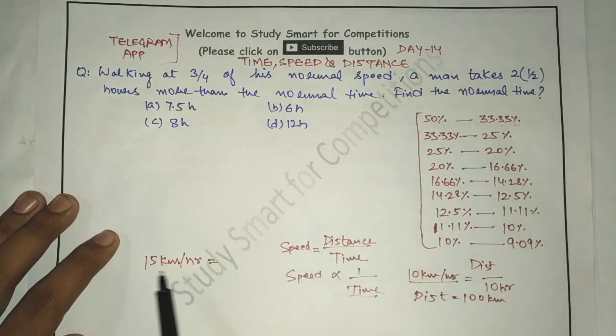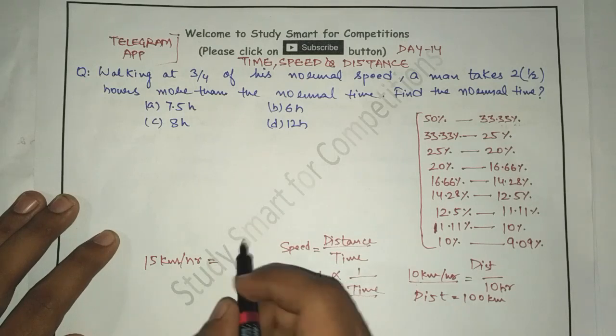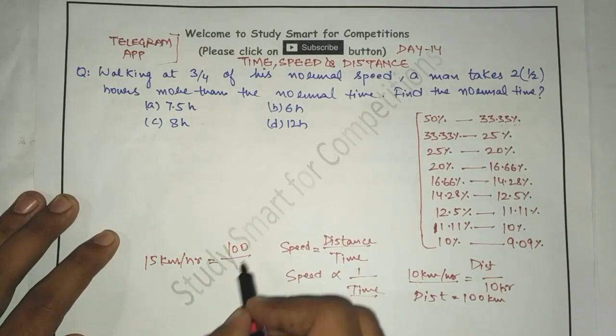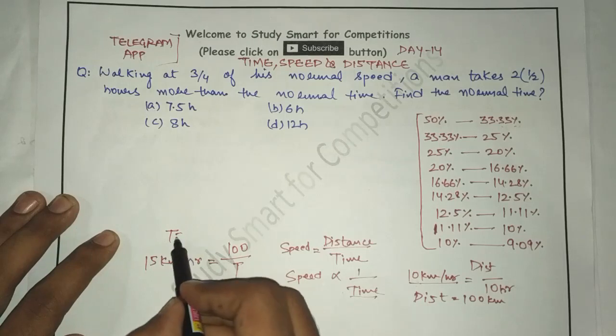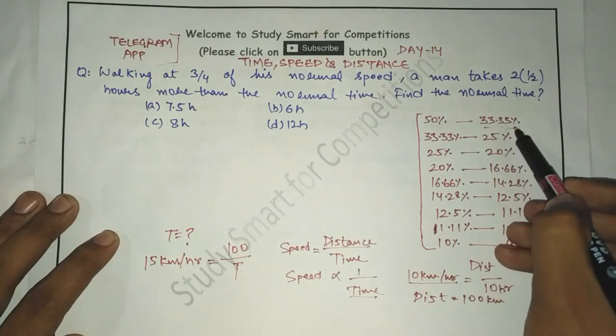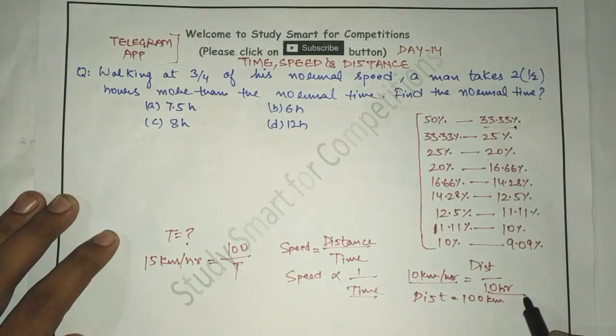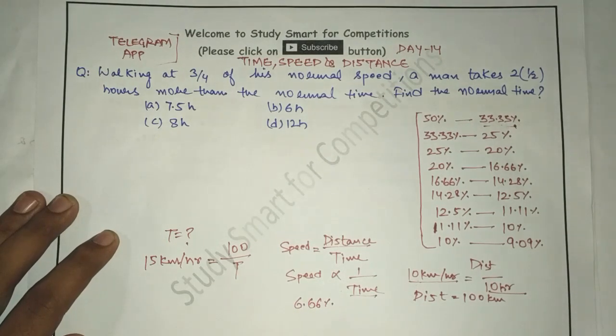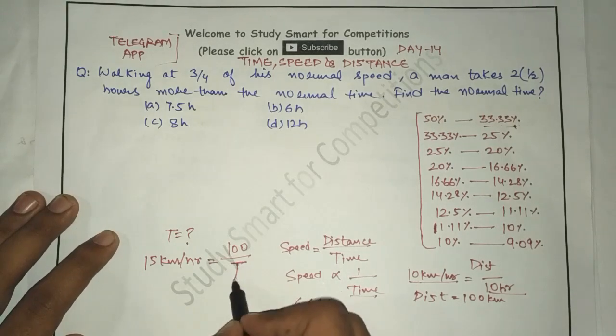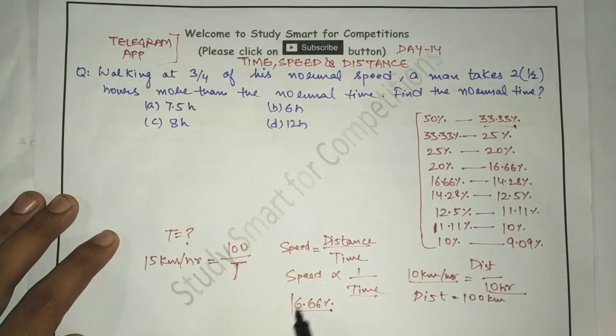Now 150% is 15 kilometers per hour, and the distance he will cover is 100 kilometers. Now you need to find out the new time. It should be reduced by 33%. That is, if it was 10 hours, now it should be 6.66 hours. I have directly concluded this from the table: before it was 10 hours and it has been reduced by 33.33%, and it comes out to be 6.66 hours.